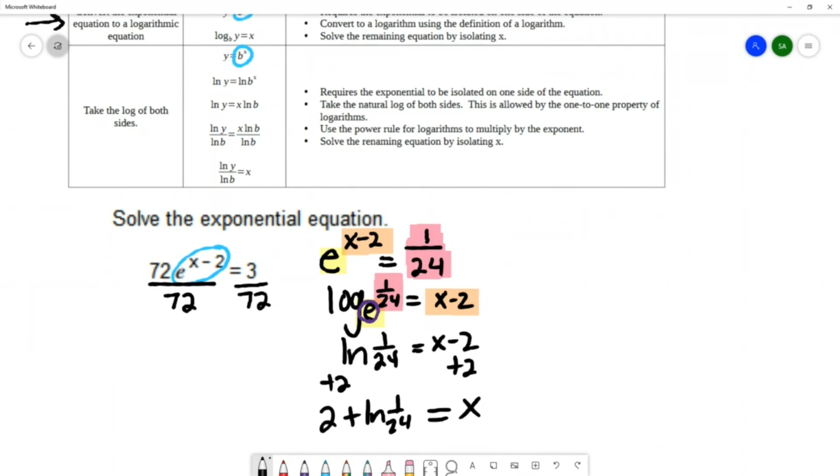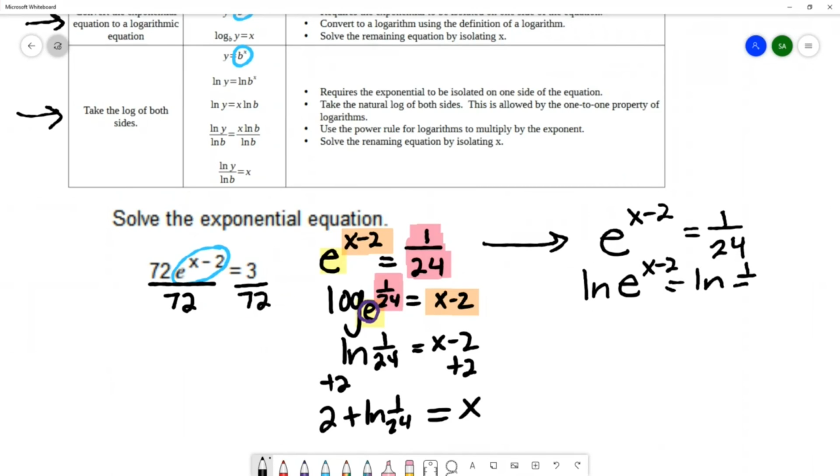But what if instead of converting, we wanted to use the other method of taking the log of both sides? If we use that method, we're going to start off with e to the x minus 2 equals 1 over 24. We're going to take the natural log of both sides. And then there's a property of logarithms called the power rule that allows us to take that exponent and move it into the coefficient. That's x minus 2 times natural log e equals natural log of 1 over 24.